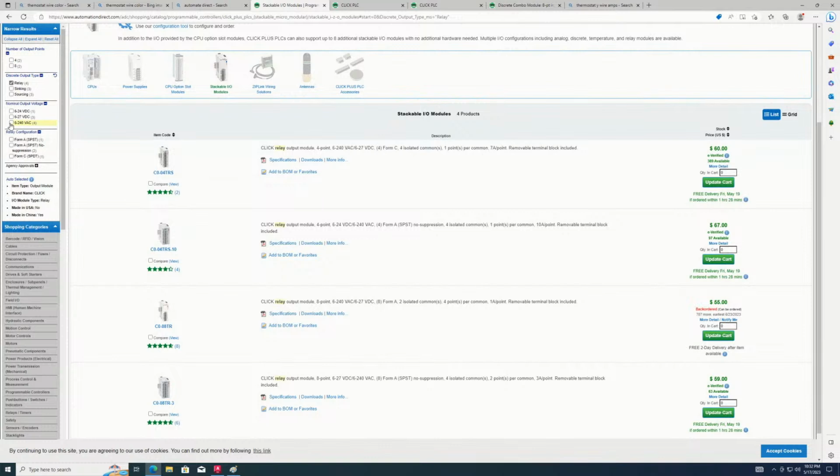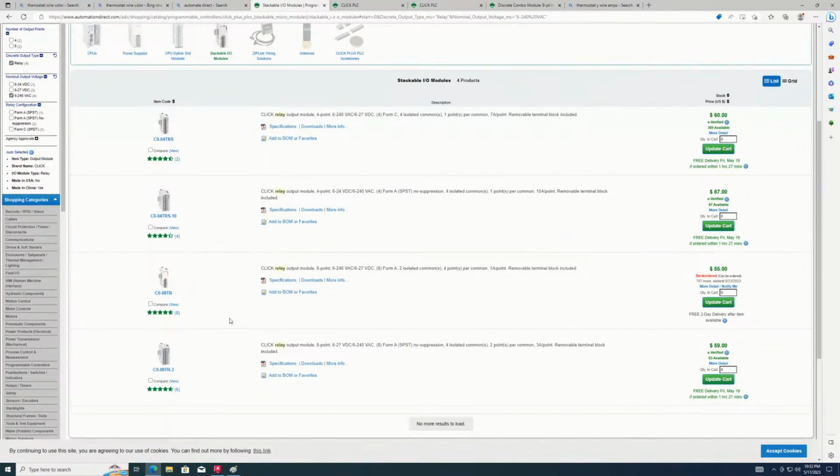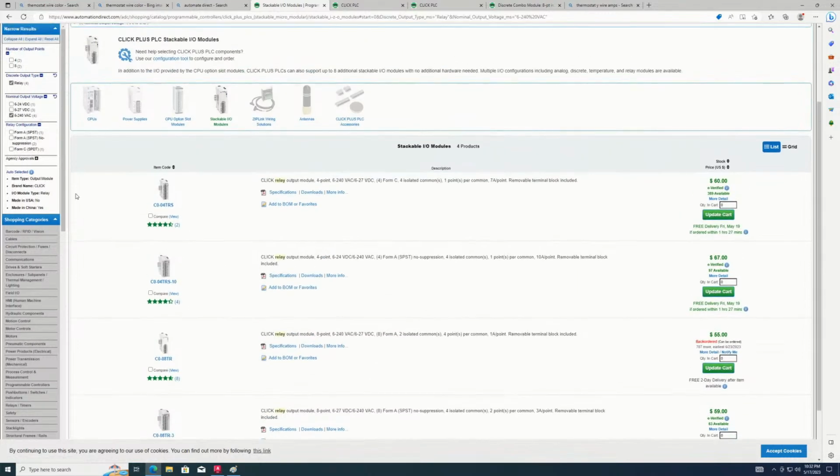Let's go with our AC versions. Two common, no suppression. Relay configuration. Oh man, I don't know what the hell any of this means.